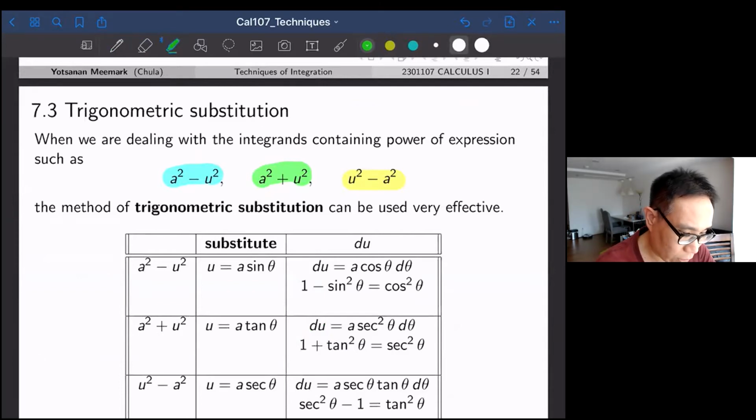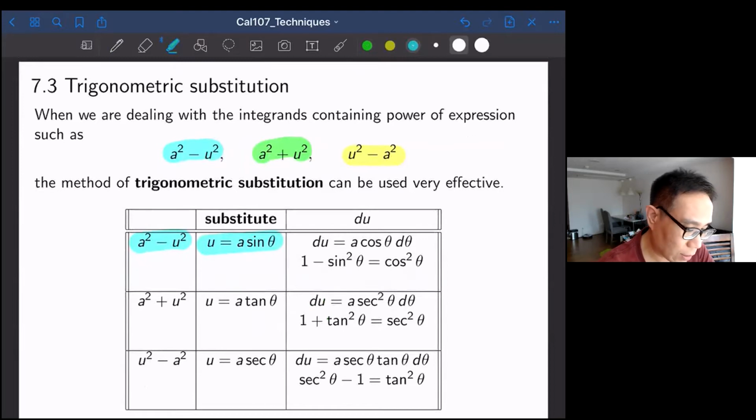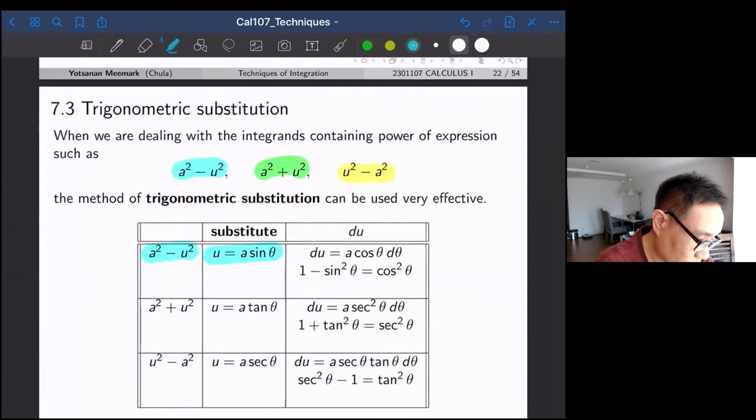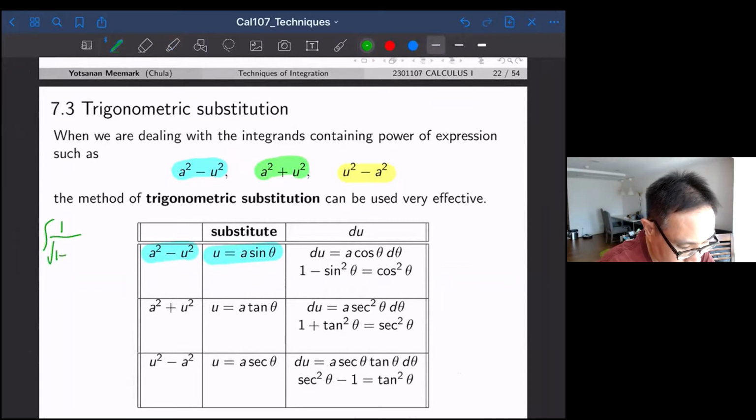For the first term, a squared minus u squared, you're going to substitute u equal to a sine theta. This comes from the formula of arcsine.